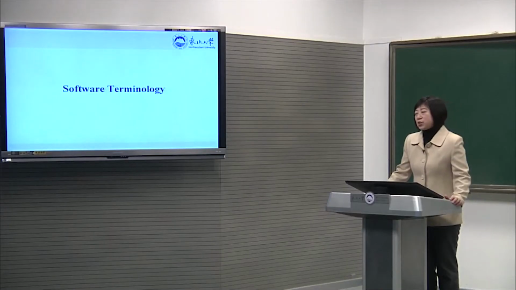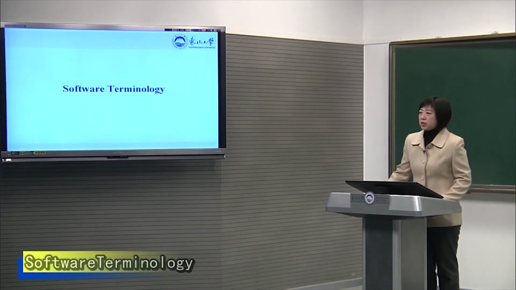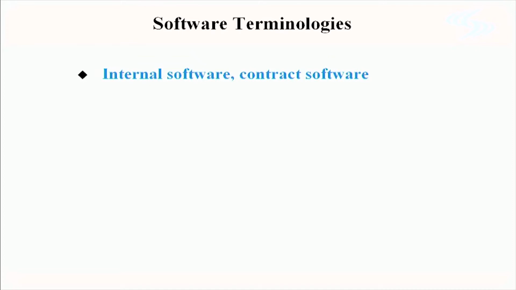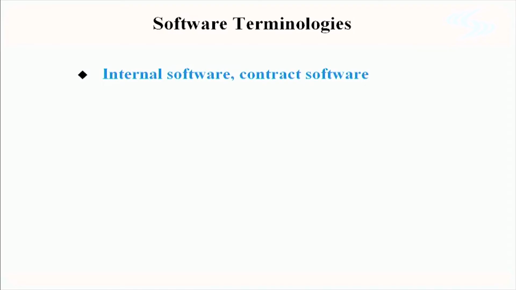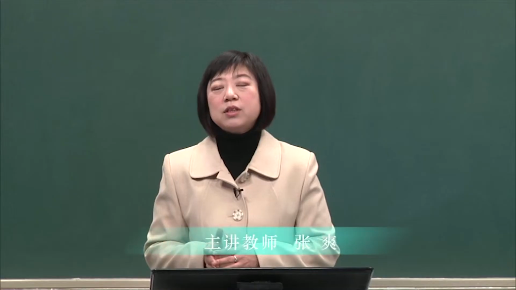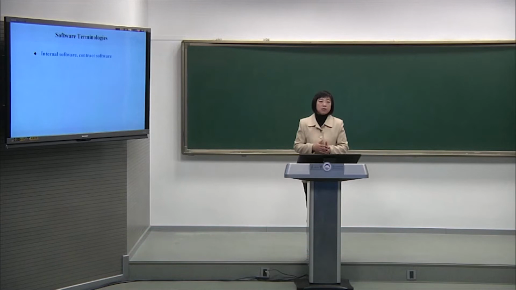So, in this lecture, we are going to learn some software terminologies together. Internal software and contract software. Actually, during the previous lectures, we have mentioned that most software are developed under some contract. That means some organization will develop software, so such software is called contract software.